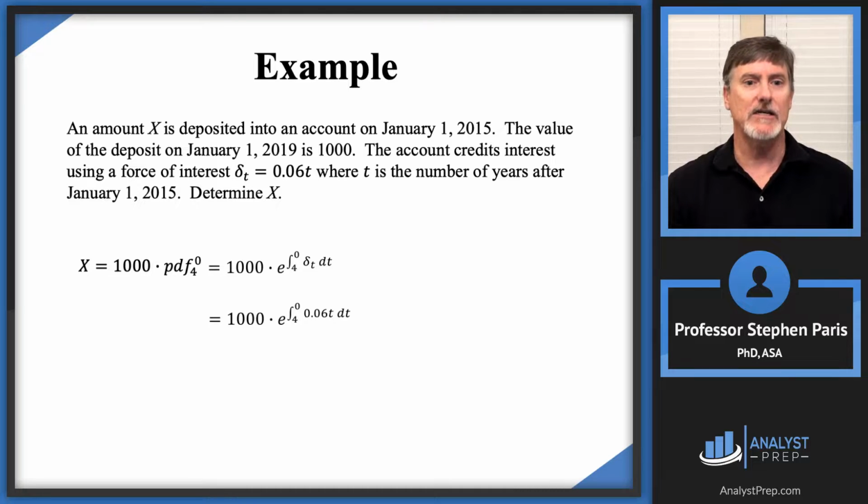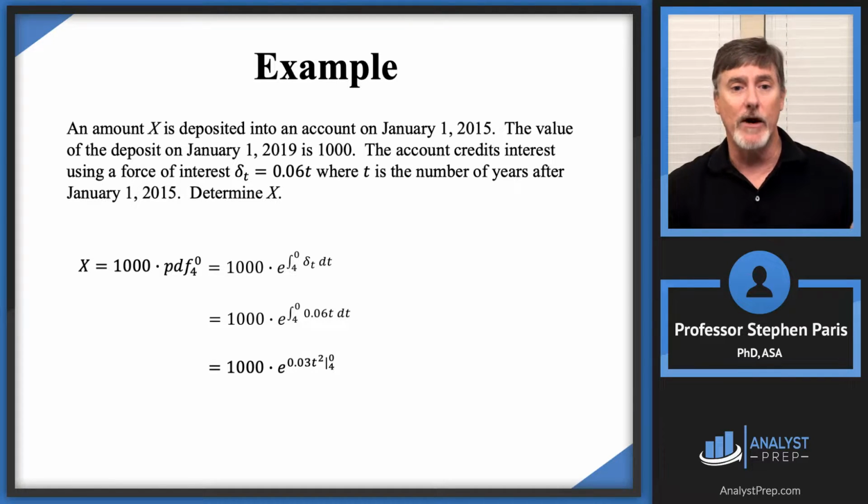Now the delta t is 0.06 t, so I'll plug that in. I integrate 0.06 t, I get 0.03 t squared. Then I have to evaluate from 4 to 0. Plug in 0, you get 0, and then plug in 4, and you get 4 squared is 16, so 0.48.